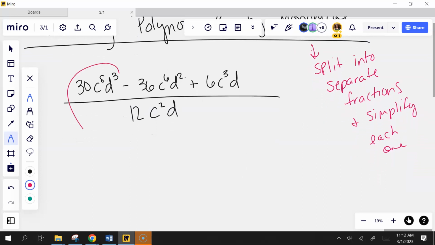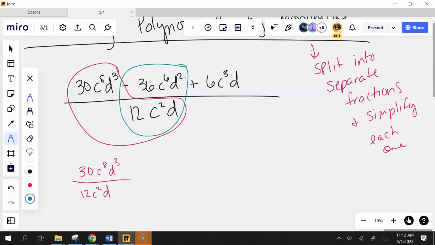So 30 c^8 d^3 over 12 c squared d. And then I'll have minus 36 c^6 d^2. And everybody gets the same denominator.